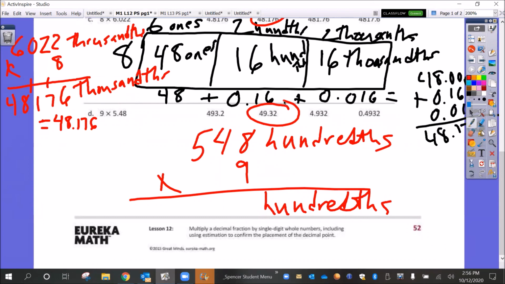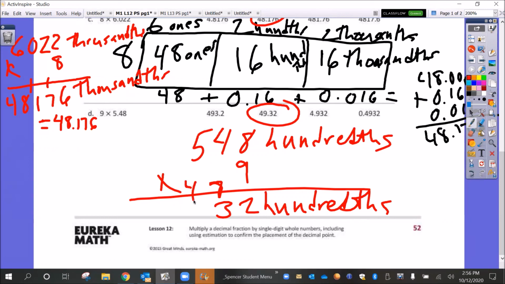Let's find out though. 9 times 8 is 72. That's 72. 9 times 4 is 36 plus 7, which would be 43. Oops, make sure I can read that 4. I knew it was a 4, but I want to make sure you guys know it's a 4.